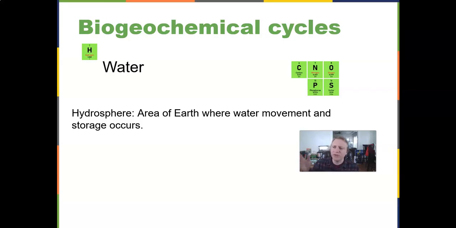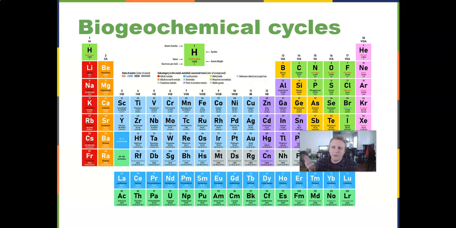All right, so we're going to be looking at these elements and one molecule in biogeochemical cycling. Again, they don't dissipate like energy does. They are just continuously recycled on Earth. And the reason I showed it to you in this form is because this is what they look like on the periodic table.